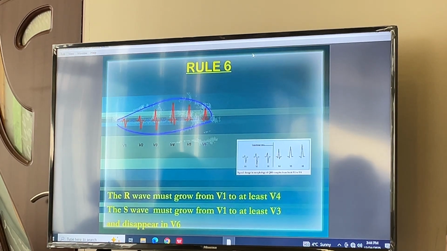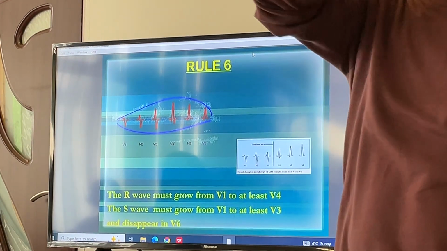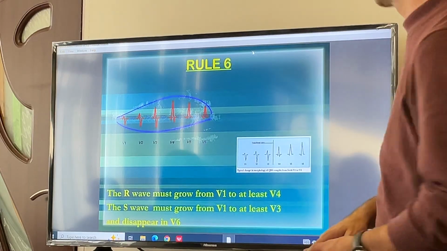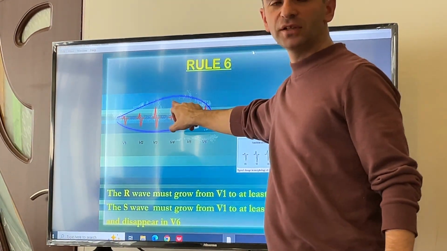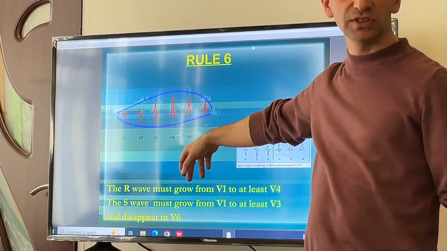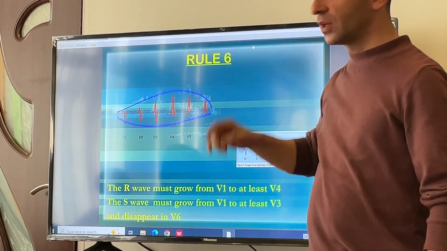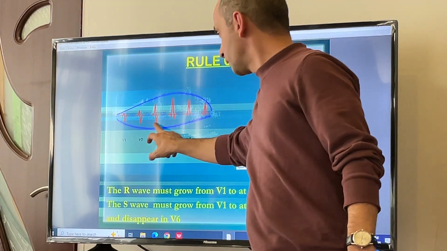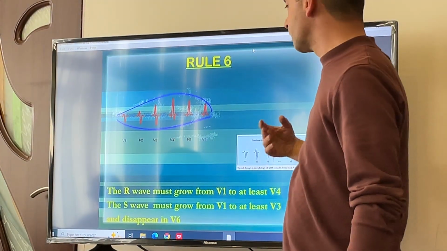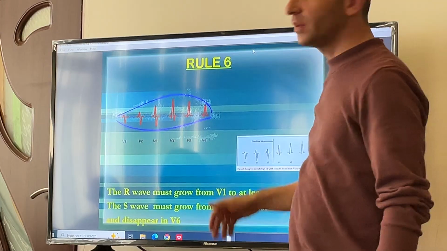Remember, from V1 to V4, R wave progresses, increases the size. Look. In V4 it is becoming maximum, then gradually decreases, V5, V6. S wave grows from V1 to V3, then may even disappear.